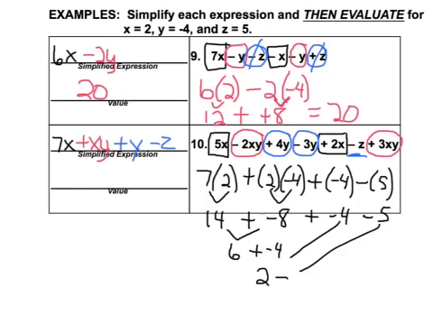And then 2 minus 5 is equal to, keep, change. So keep the 2, change that to adding, change that to a negative. 2 plus a negative 5 is negative 3. So the value of that expression is negative 3.